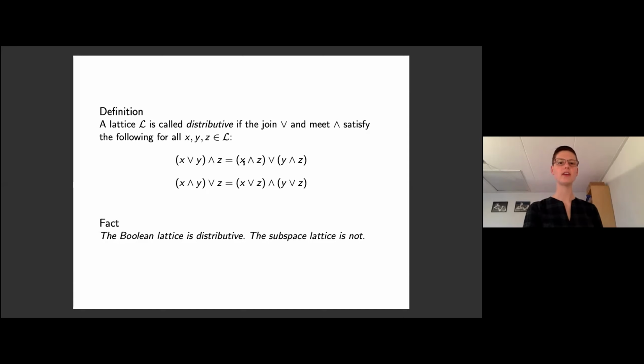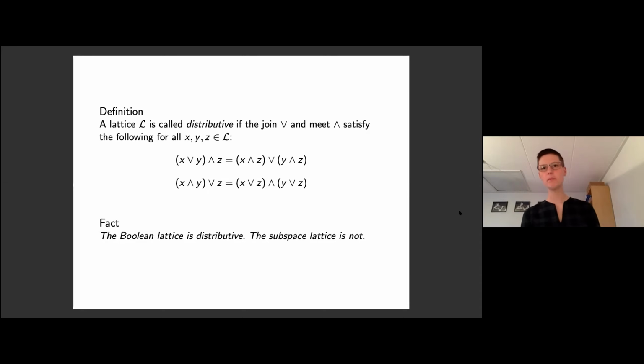But on the right-hand side, the intersection of x and z is just 0. The intersection of y and z is also 0 because I assumed they were distinct one-dimensional subspaces. And so also if I add them together, if I add 0 and 0, I still have 0. So I have something one-dimensional on one side and something zero-dimensional on the other side. And you see that it's exactly this join, like the plus in subspaces, that is causing trouble here.